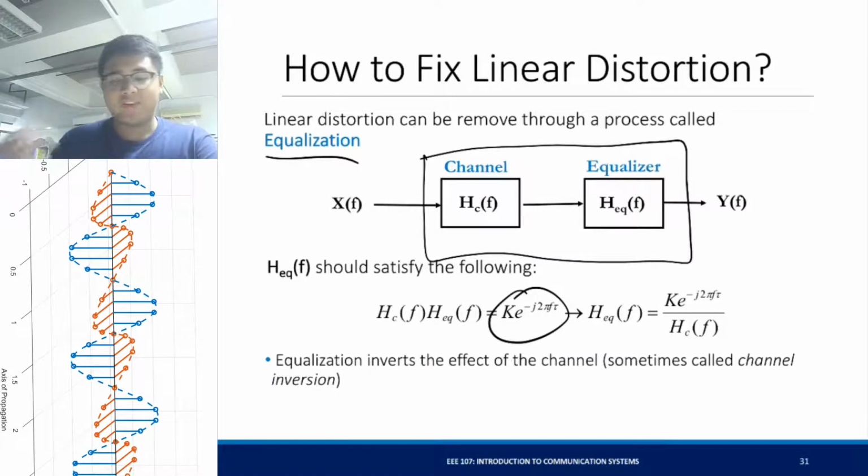So that's how you fix linear distortion. If you have a channel that introduces distortion, then you use an equalizer such that if you multiply their frequency responses, then you satisfy the condition for distortionless transmission. Right? So we can think of equalization as inverting the effect of the channel, sometimes called channel inversion.